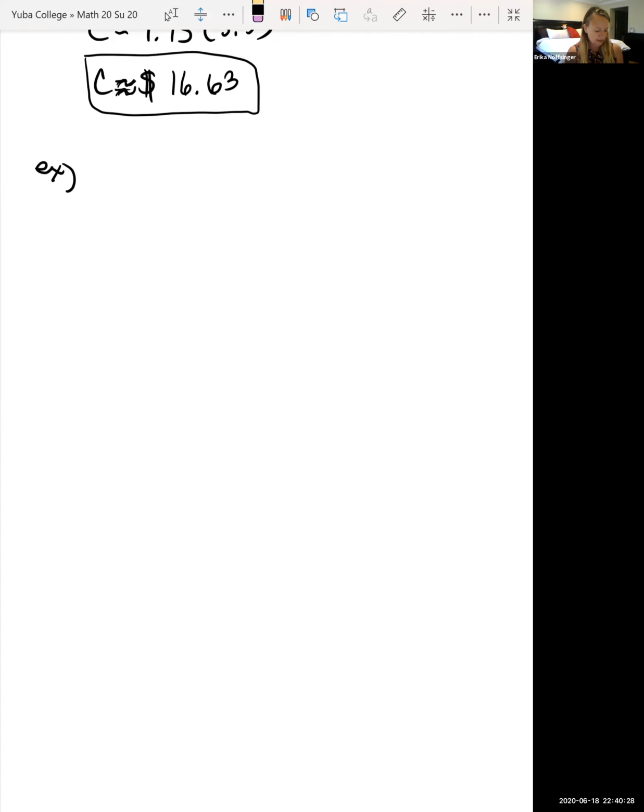So it says the maximum safe load for a horizontal rectangular beam varies directly. Unfortunately, they don't give us variables. So maximum load a beam can hold.